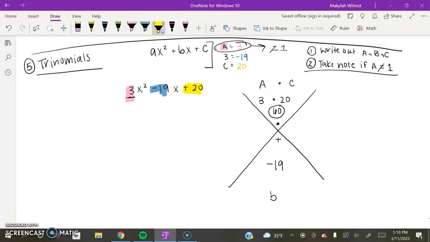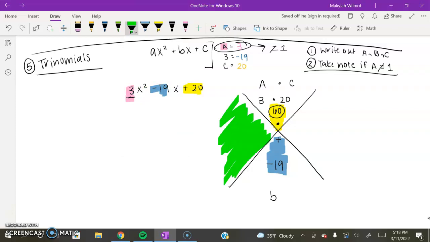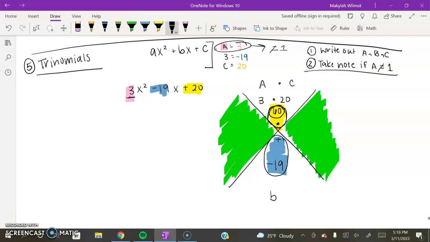And your B is equal to negative 19. So you want to find numbers that multiply to get 60 and add to get negative 19.